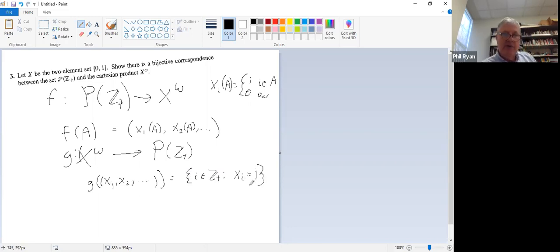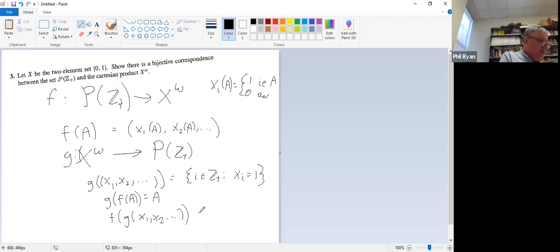So both f and g are well-defined functions, and we can see that g of f of some subset A is going to be A itself, and f of g of some element from that product space is going to be what you started with. So they're inverses of each other, so we have a bijection. Excellent.